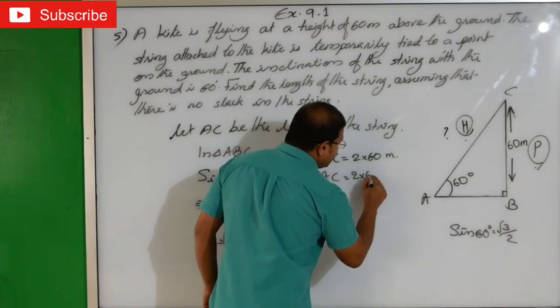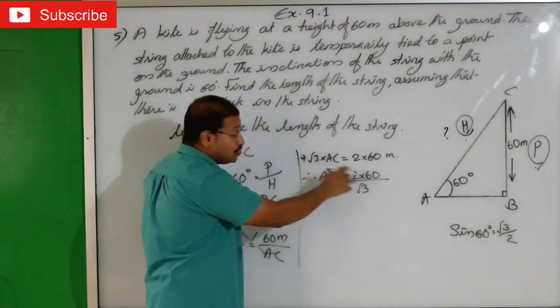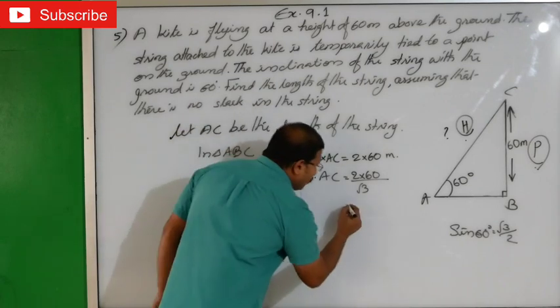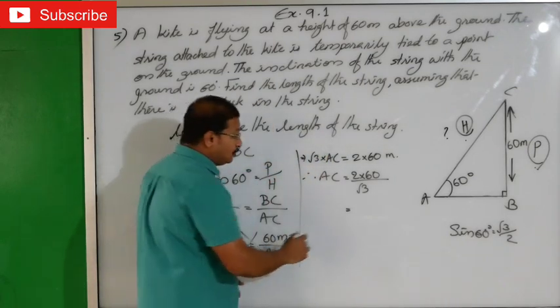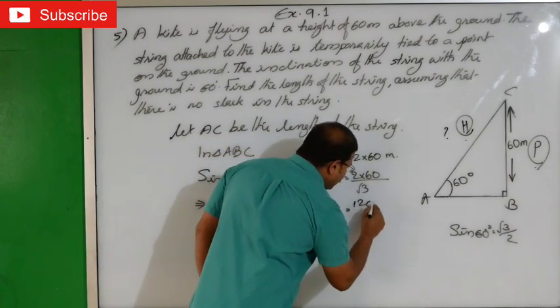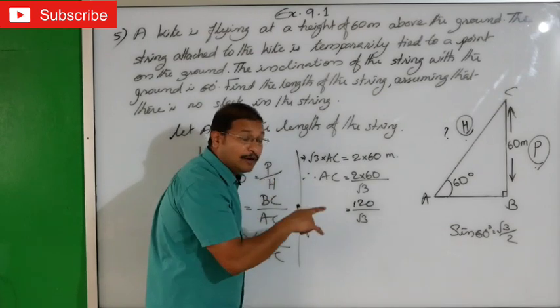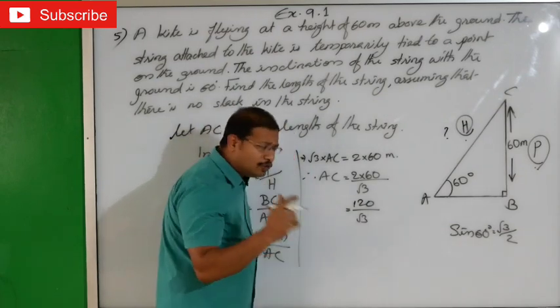Therefore, AC equals 2 into 60 divided by root 3, because multiplying on one side will divide on the next side, isn't it? Equals 2 into 60, 2 sixes are 12, that means 120 divided by root 3. But we want to remove the root 3 from the denominator. So what do you do?